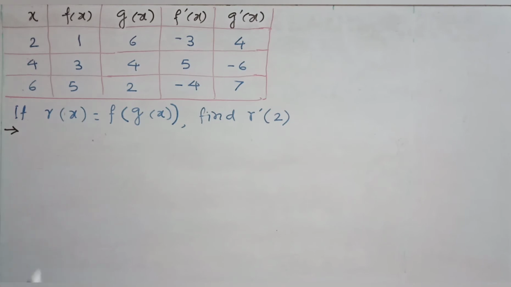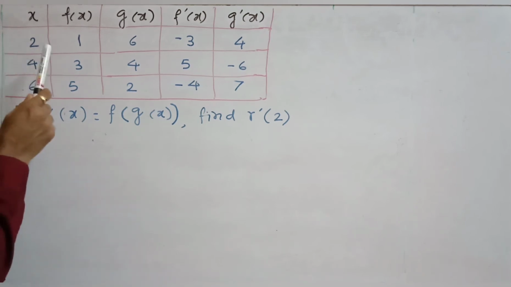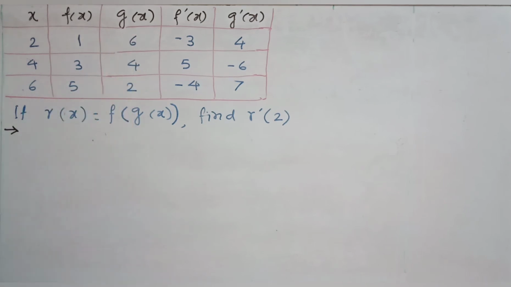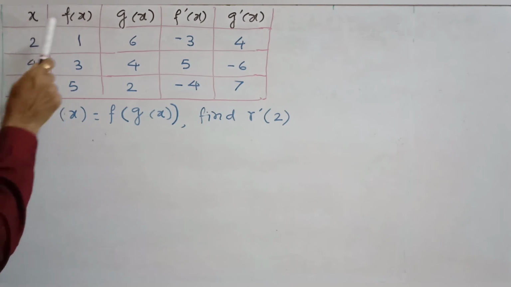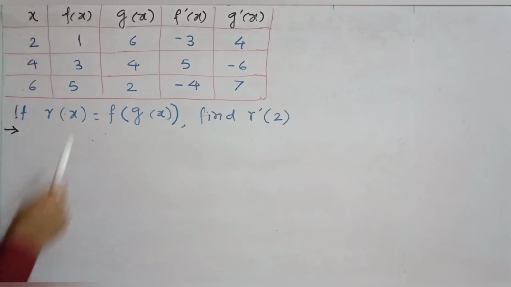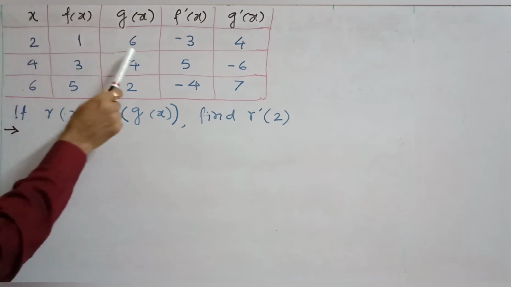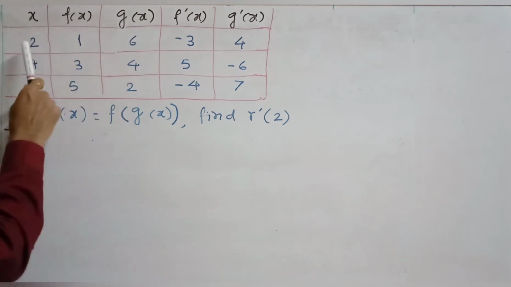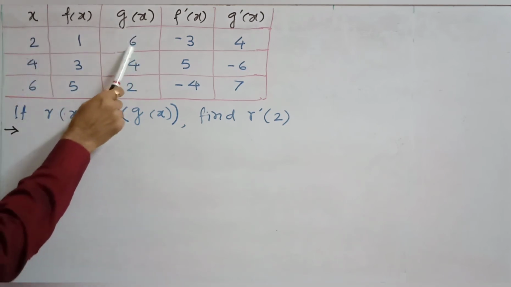This is one of the questions in exercise 1.1. See this table, we have x, f x, g x, f dash x and g dash x in the row, and then the values are written. It is read as at x is equal to 2, f of x is 1, that means f of 2 is 1, g of 2 is 6. Put x is equal to 2, you will find g of 2 is 6.